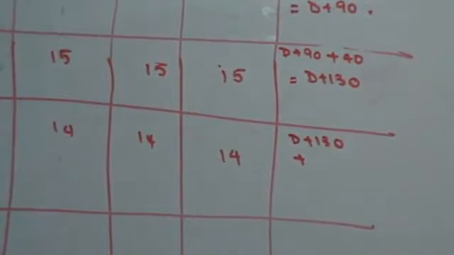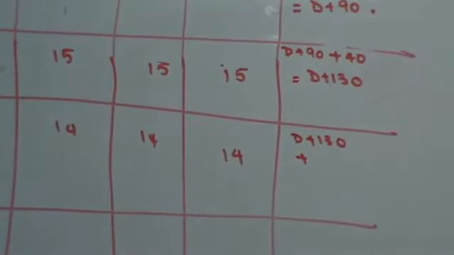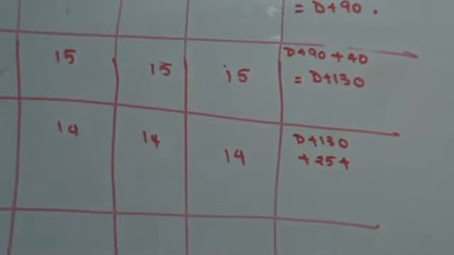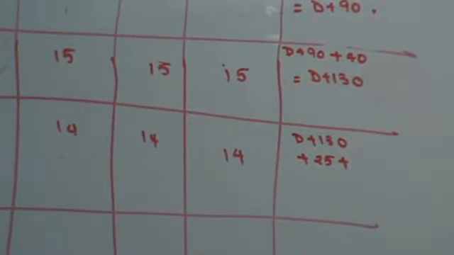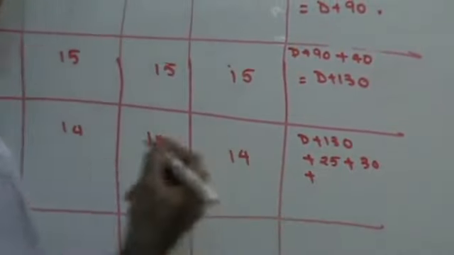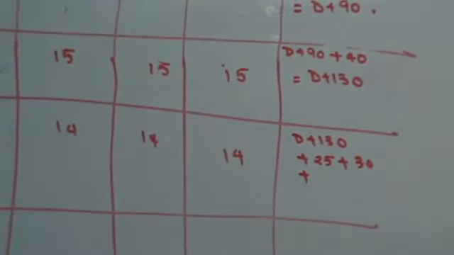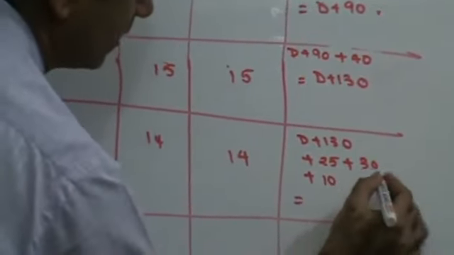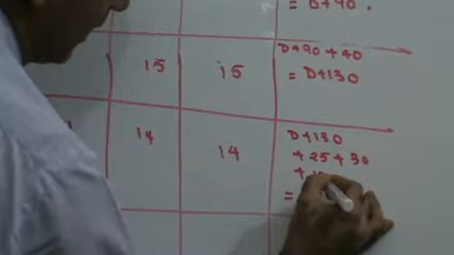Crashing cost of B is 25. Crashing cost of C is 30. Crashing cost of D is 10. So this is 75 and 85.